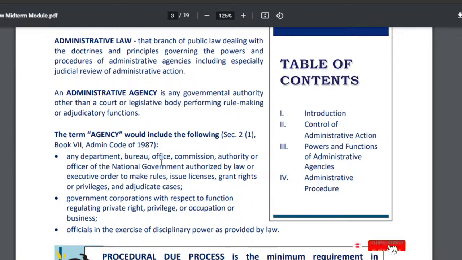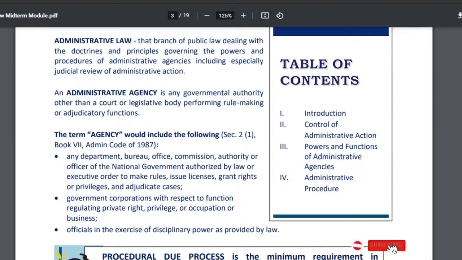We have any department, bureau, office, commission, authority, or officer of the national government authorized by law or executive order to make rules, issue licenses, grant rights or privileges, and adjudicate cases. Government corporations. So what are those government corporations? We have, for example, GOCCs, the GSIS, PhilHealth, so they are government corporations with respect to functions regulating private rights, privilege, or occupation or business.